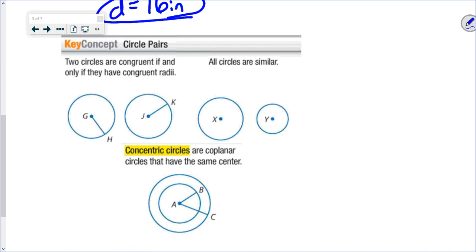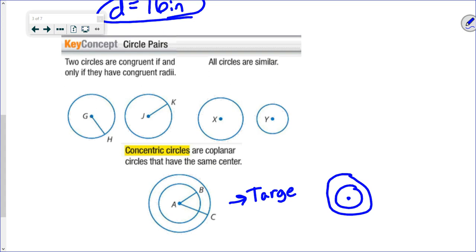Just think of targets, the Target logo, even in Target stores. Just concentric circles. They have the same center point, but they are of different size.